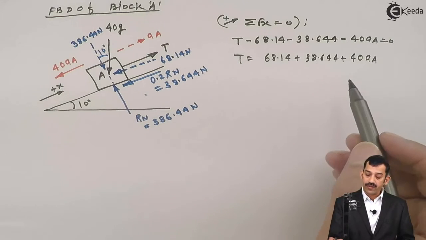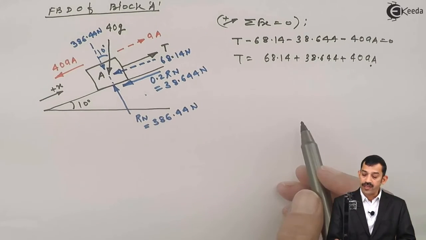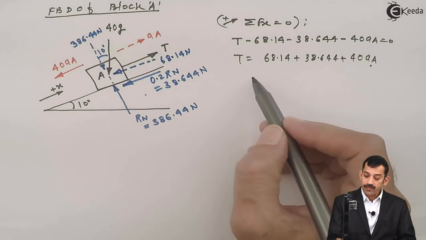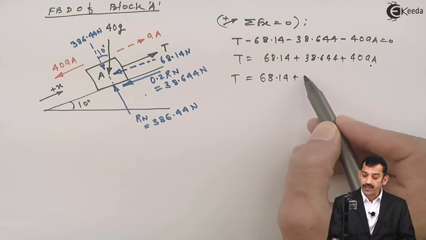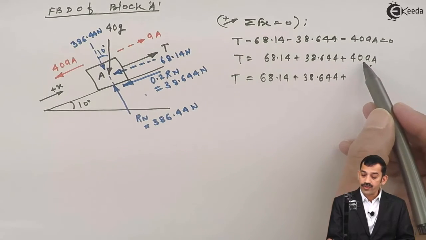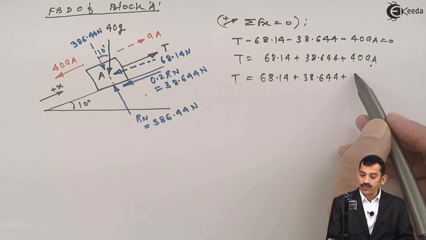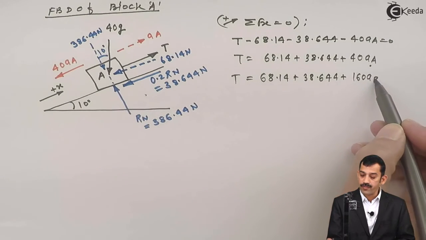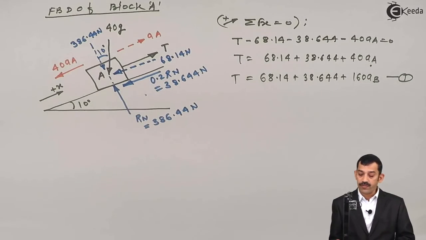But AA in terms of AB, if we write, AA we substitute as 4 times AB. So again T equals 68.14 plus 38.644 plus 40 into 4 AB, that means 160 AB. You are getting the relation between tension and acceleration of block B.